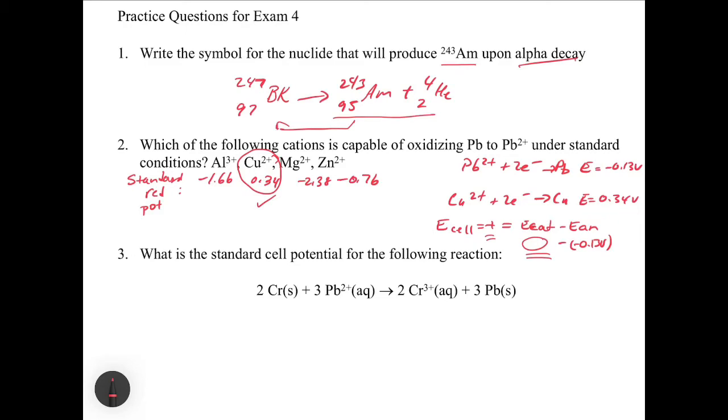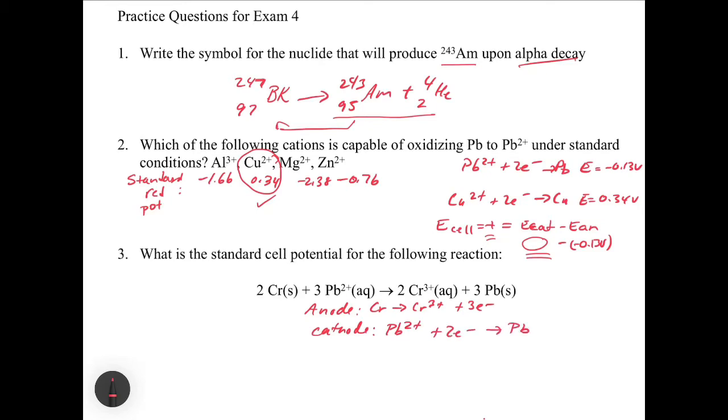So in this case, for our anode, this is going to be chromium gives chromium 3 plus 3 electrons. And our cathode is going to be lead 2 plus 2 electrons gives lead.